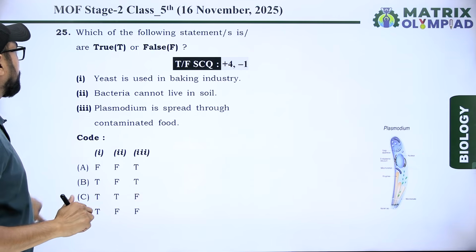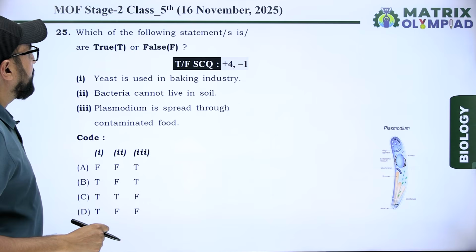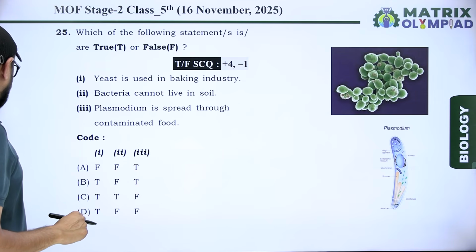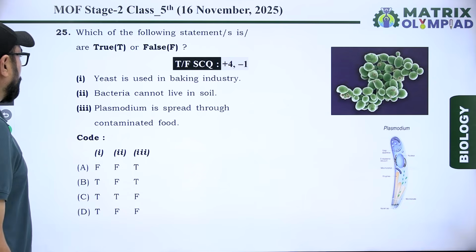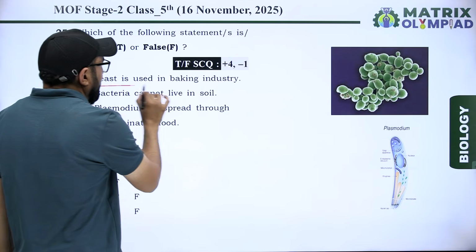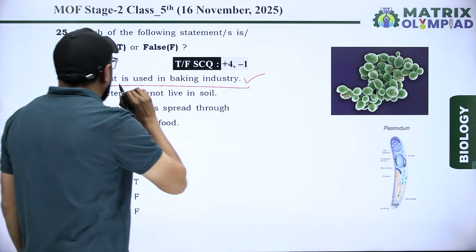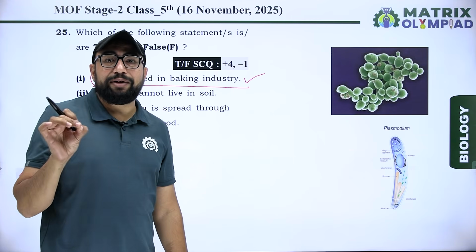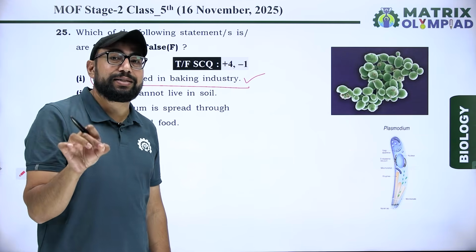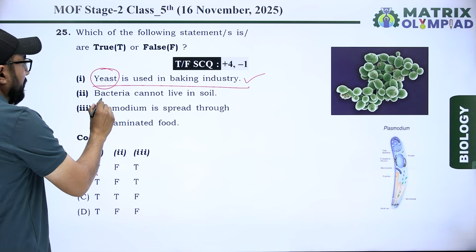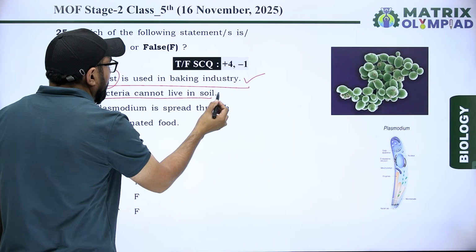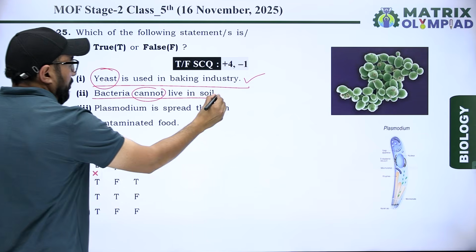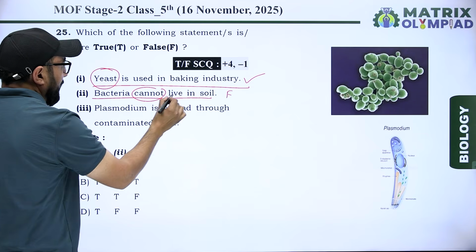Next question. Which of the following statements are true or false? First of all, yeast is used in baking industry. That is right, because yeast is called baker's yeast. Saccharomyces cerevisiae is the baker's yeast. Next, bacteria cannot live in soil. It means wrong, false, because they live in soil.